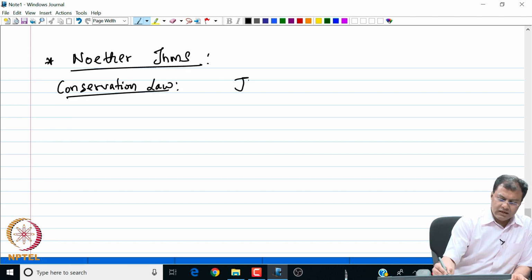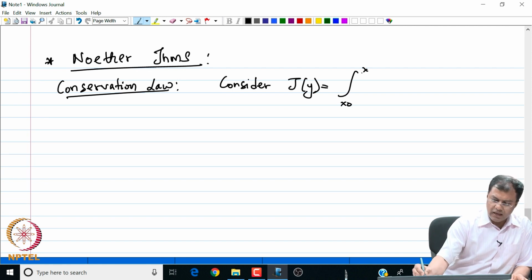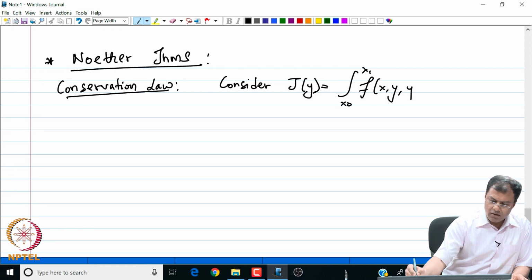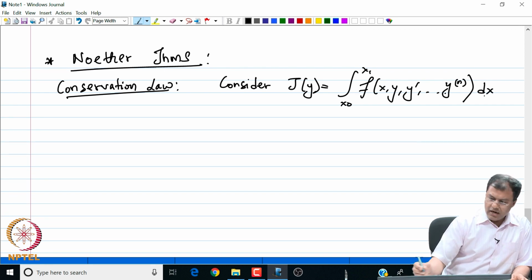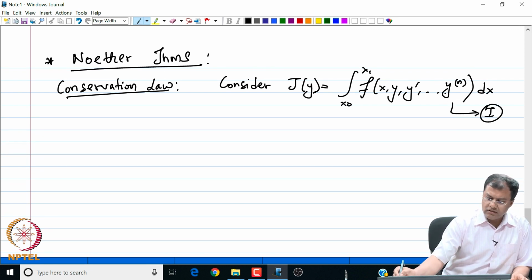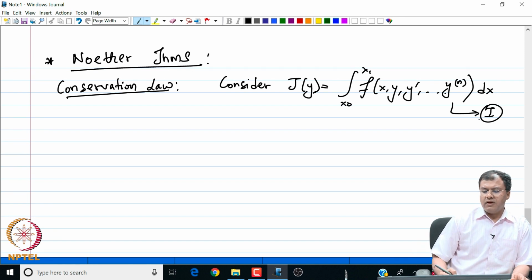So let us consider a functional J of y, which is equal to the integral from x0 to x1 of f of x, y, y prime, up to y of n, dx. Let me call this 1. So this is a functional with derivatives up to n order.